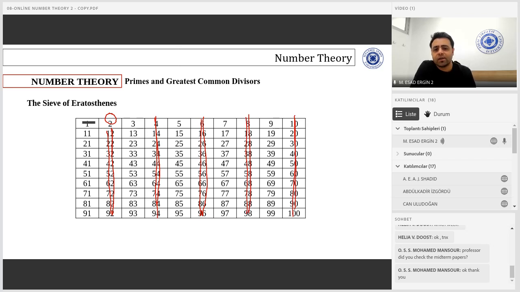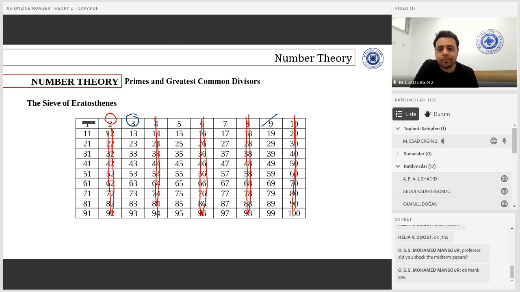Now the other ones cannot be divided by 2. So he jumps to another one, which is 3, and now he tries to eliminate all of the ones that can be divided by 3.